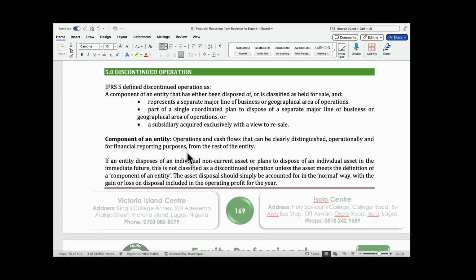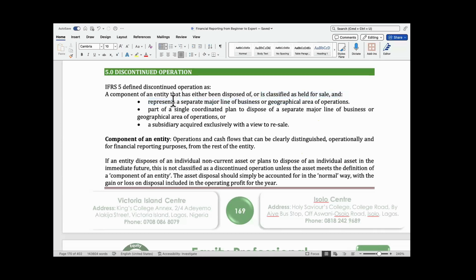When you have plans to sell a component of your entity, then that one has gone beyond an asset held for sale. And that is why we have discontinued operations. So it is a component of an entity that is either disposed of or is classified as held for sale. Is it that you have disposed of it or you want to sell it?